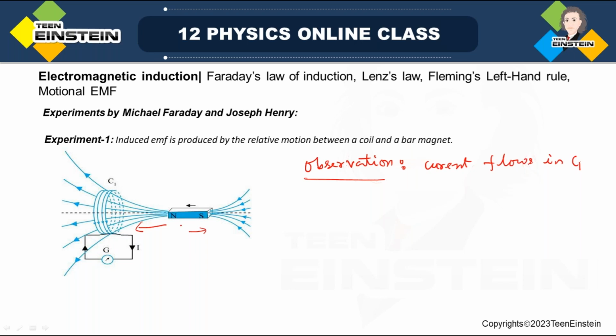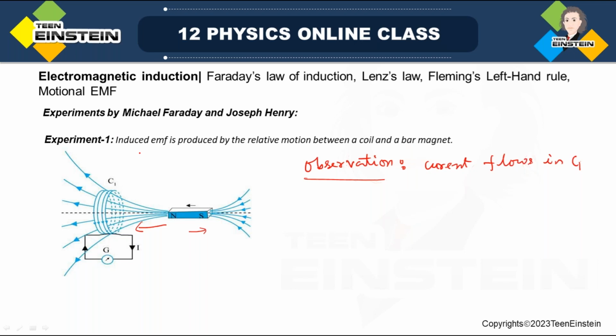That was another observation, and the magnitude of the current also changes when it is brought towards and away from the coil. So the main thing is that there is a flow of current in the coil C1 as the bar magnet is moving towards the coil or away from the coil. So that was the first experiment.